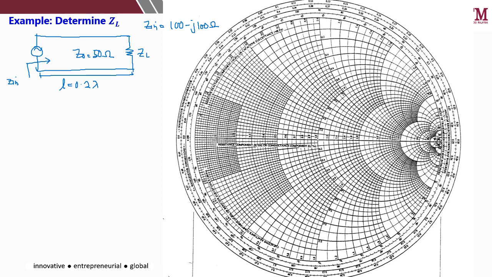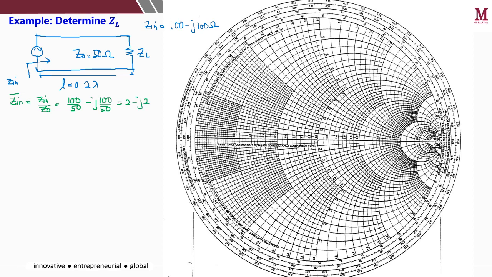Okay, so as usual, the first step, you need to normalize the input impedance. So Z-in bar equals Z-in divided by Z0. So in this case, it's 100 divided by 50 minus J100 divided by 50. So you'll get your normalized Z-in equal to 2 minus J2.